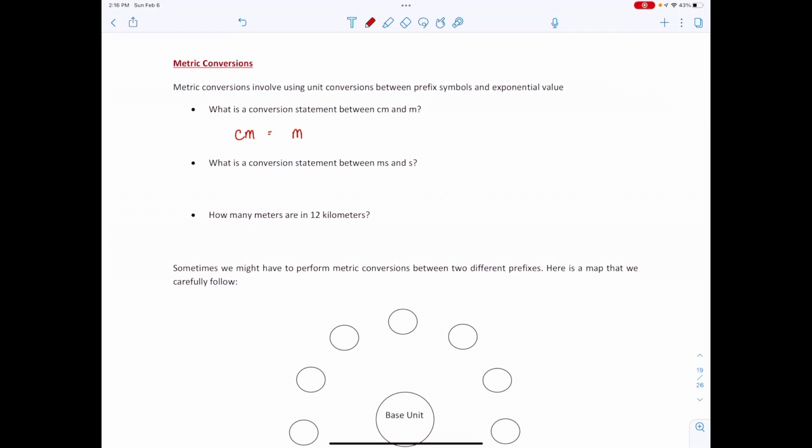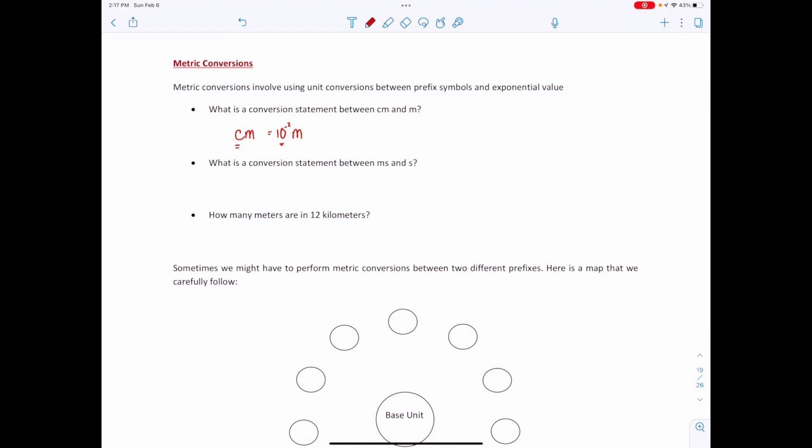Now, a centimeter is obviously not a meter. These are different units. But a centimeter, cm, is the equivalent of 10 to the power of -2 m. And so this is what I call a conversion statement, where I have cm and then I equate that to my base unit in meters with the correct exponential values.